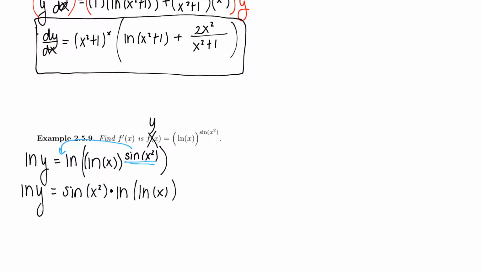A little complicated here. This is going to be product rule again. I'm going to be a little careful here just because we have some chain rule going on, and I am going to write this whole thing out. So we have f and we have g. My f is sine x squared.